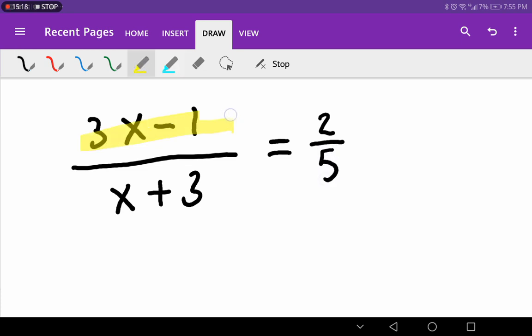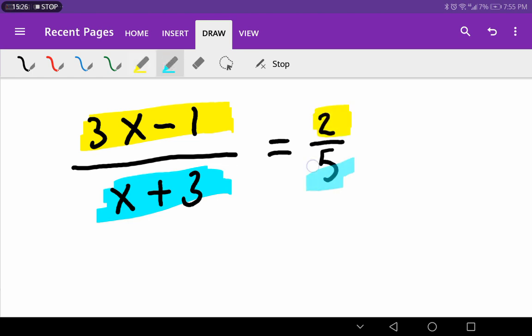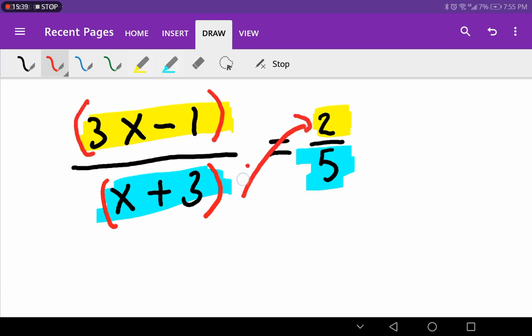Actually, here we have a fraction because we have up and down in the left side, and in the right side I have up and down, so it is a fraction too. So we do a cross multiplication, so do the parentheses here. Okay, so we do a cross multiplication: 2 multiply this quantity and 5 multiply this quantity.